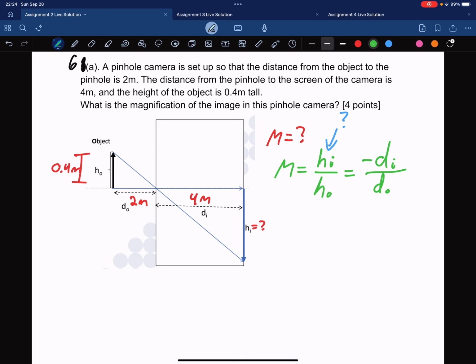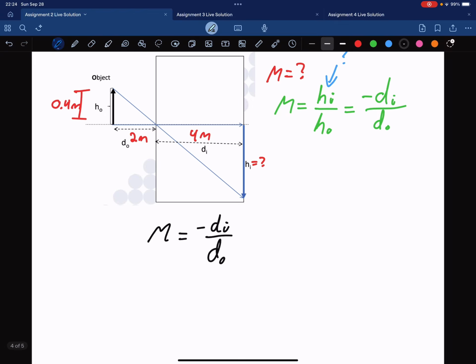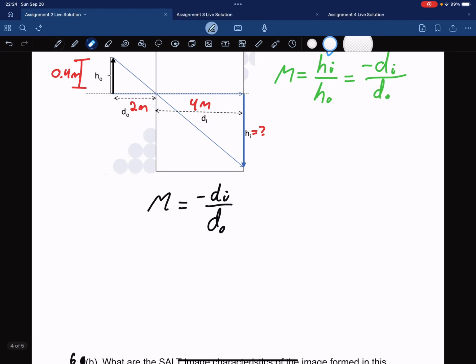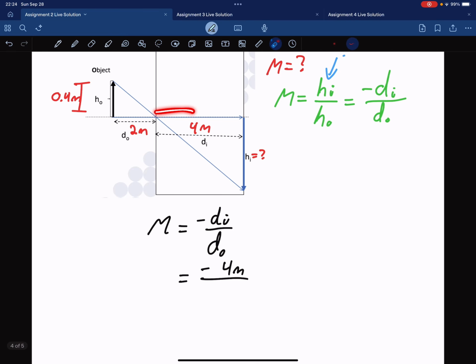In this case, though, I am going to use the negative image distance over object distance because I have both of those numbers. So in this case, we have negative 4 meters over 2 meters. The image distance is positive because the image is on the right-hand side of our pinhole, and our object distance is also positive because the object is on the left-hand side of our pinhole.